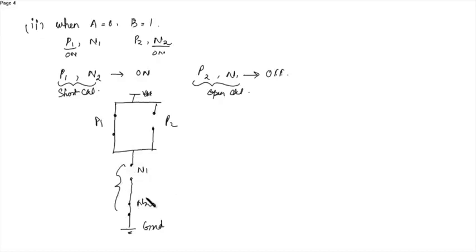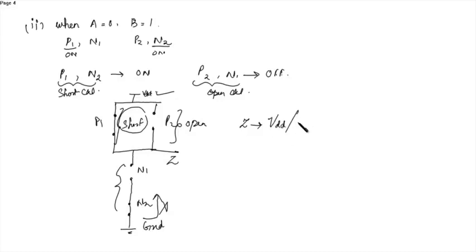So now since there is an open circuit, this will not work. And here this is short circuited and this is open. Even though this is open, since these are in parallel, this VDD will be seen in the output Z. So at the terminal Z, or at the output, you get VDD, or you can say you get a high voltage, or we represent the high voltage as 1.